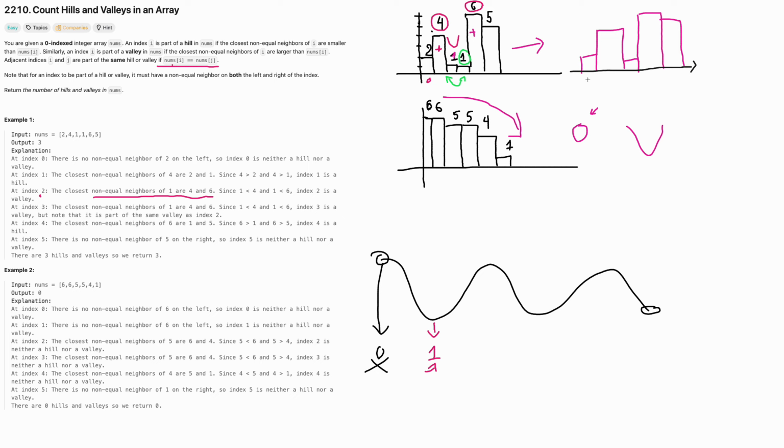So we just reduce this to indices 0, 1, 2, 3, and 4, and the values are 2, 4, 1, 6, and 5. Here we can see that we can safely remove all of the equal numbers in the array and still retain the same number of hills and valleys for the solution.